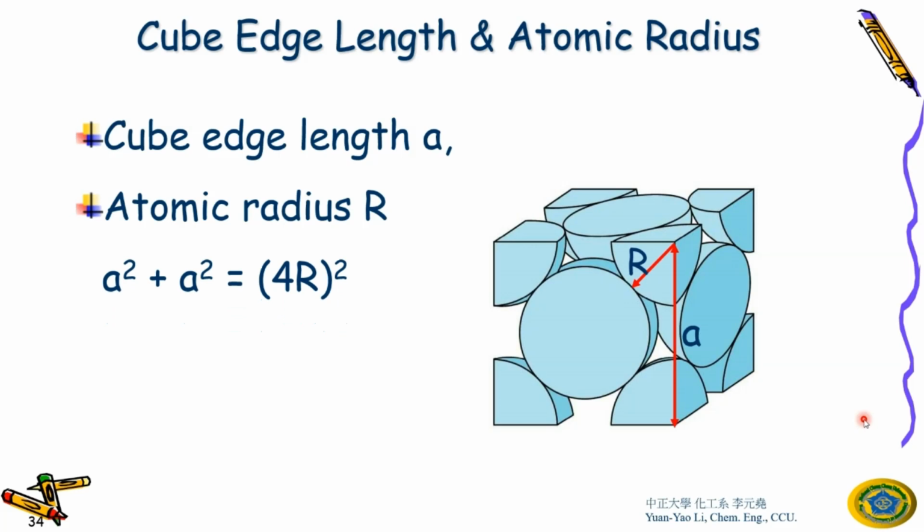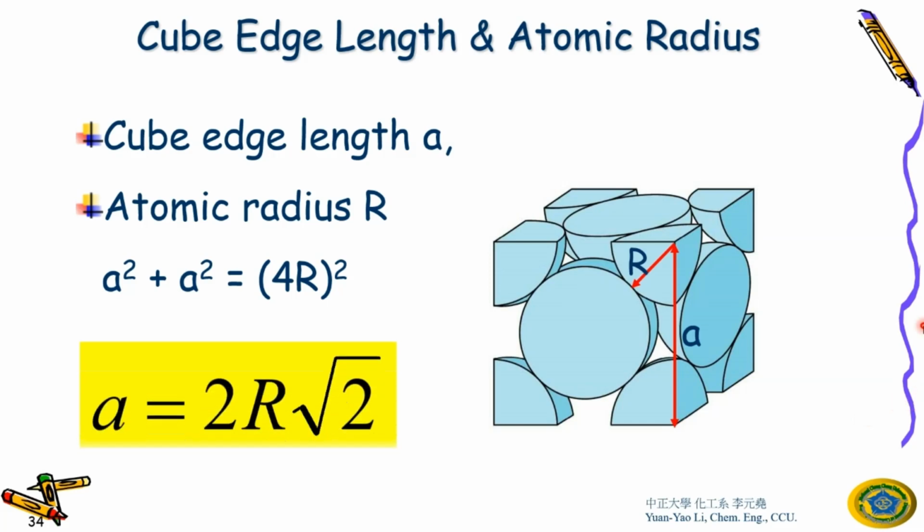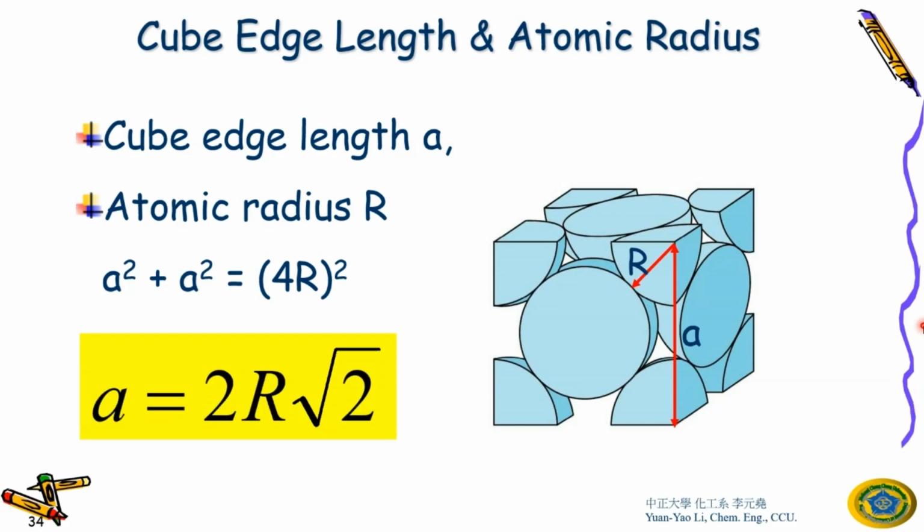So a squared plus a squared equals (4R) squared. As a result, you get a equals 2R root 2. Any questions? No, right? Easy.